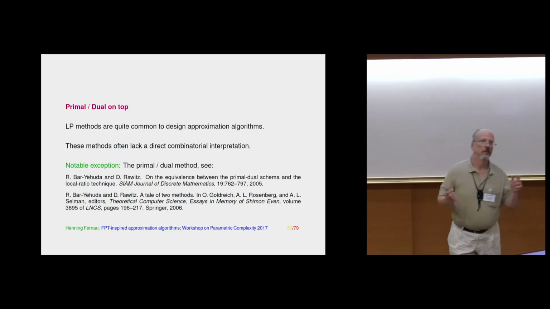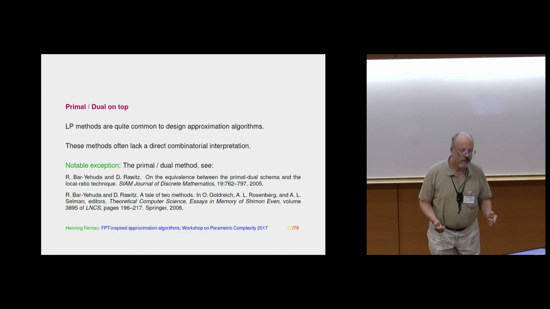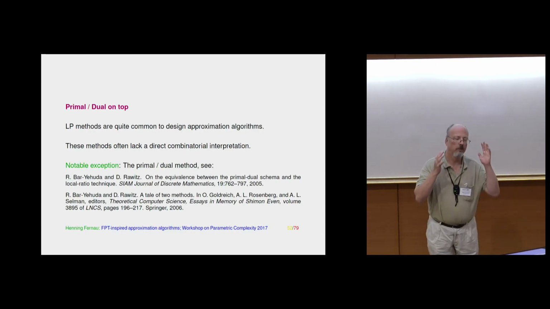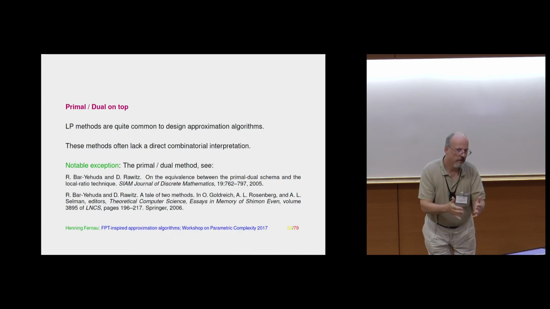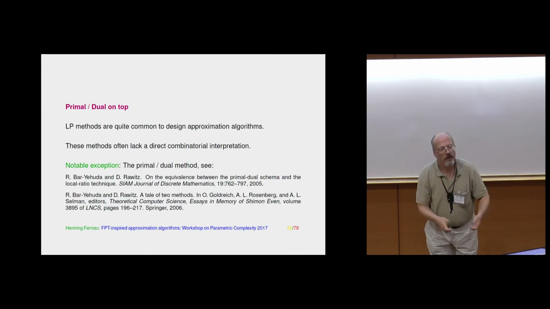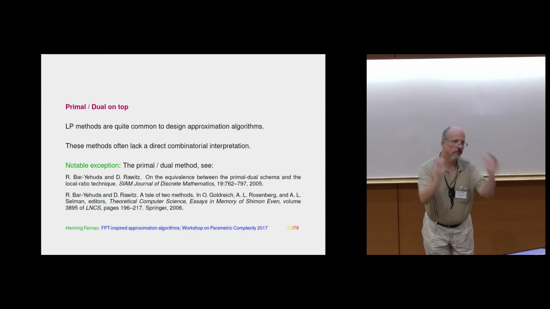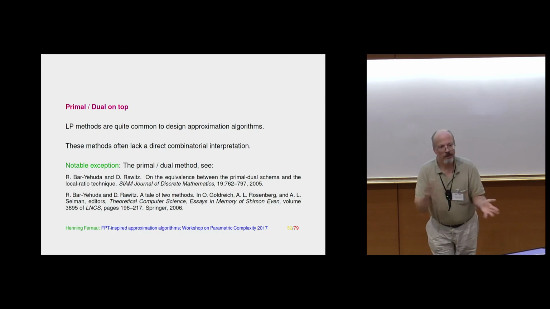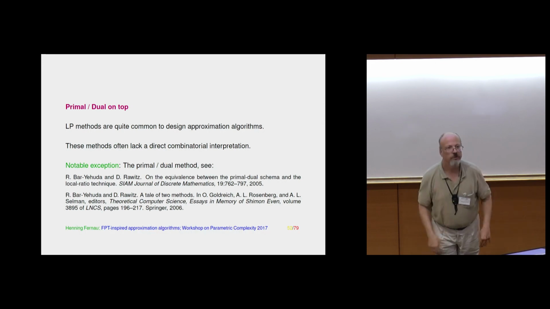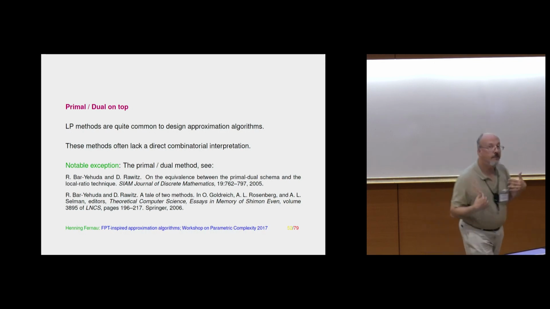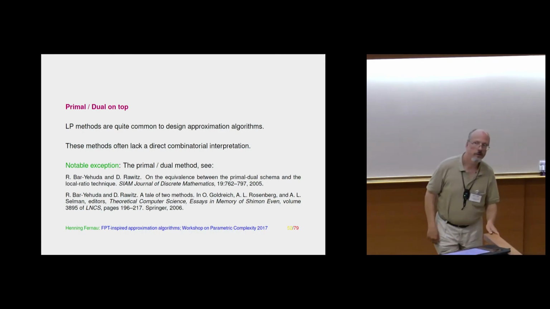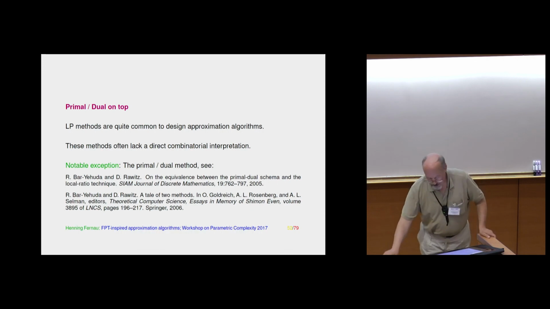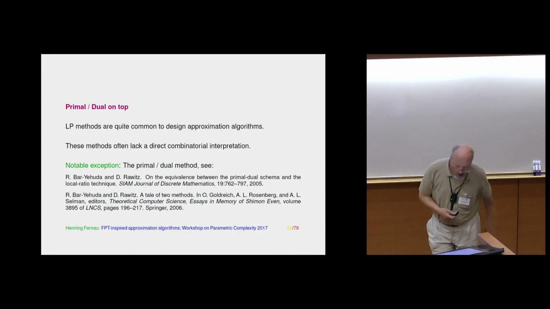The point being, of course, that at least if I look at the problem from more a combinatorial point of view, it's far nicer to see, okay, there's a local operation, I grab something and do something, than to say, okay, now I've thrown it into my LP machinery and I have some dual and primal upper bounds, lower bounds stuff here, and then something results. At least I can see more if I look at the combinatorial thing. Or I think I can see more.